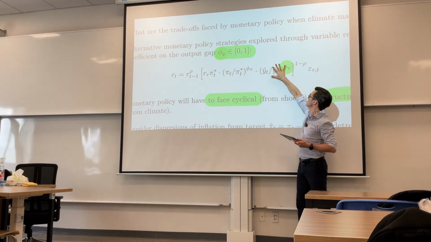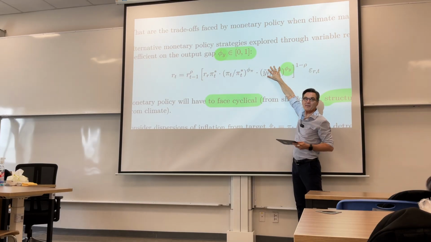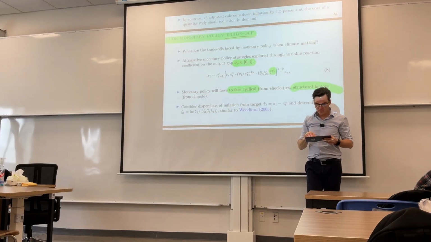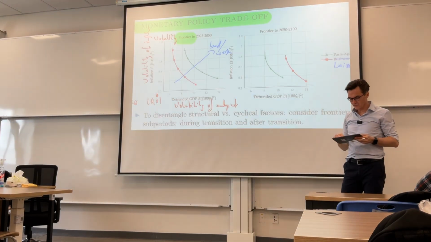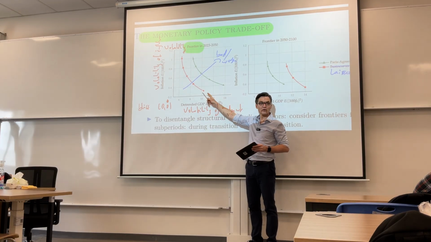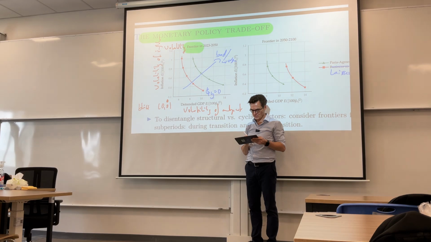If this is 0, this term disappears, and the central bank doesn't care about the volatility of the output gap in its reaction function. So that's the point in this graph down here. This is the point for phi y equal to 0.